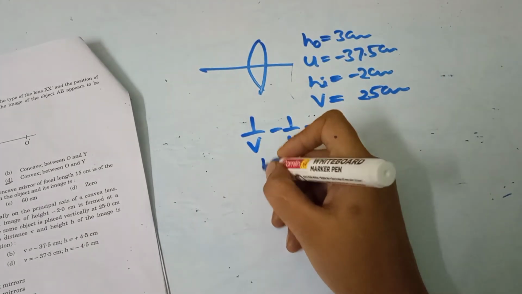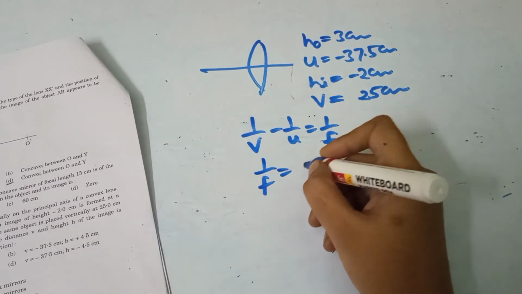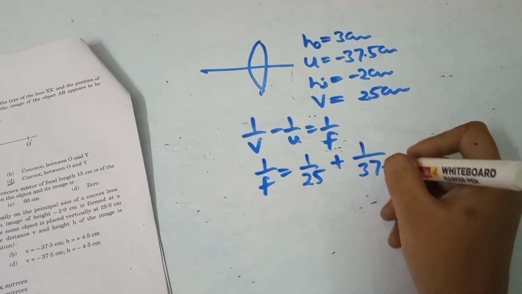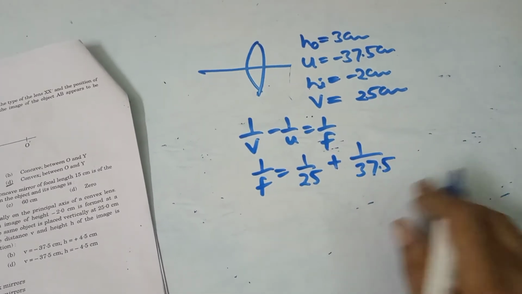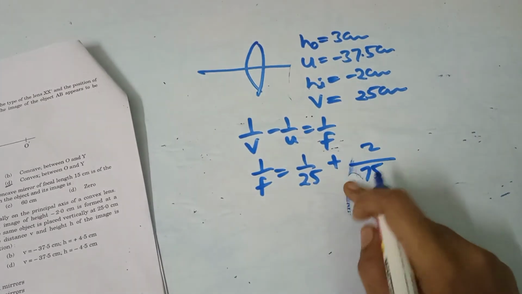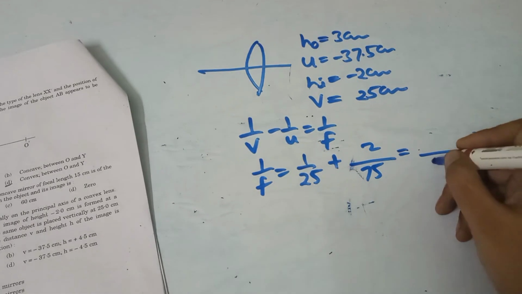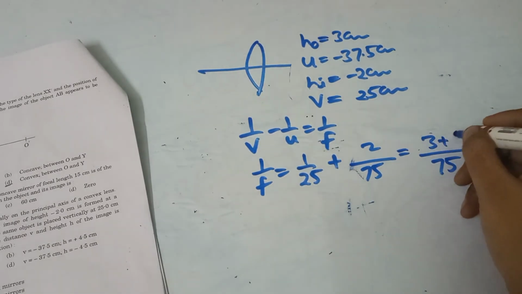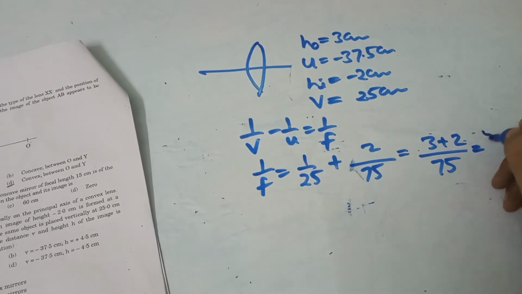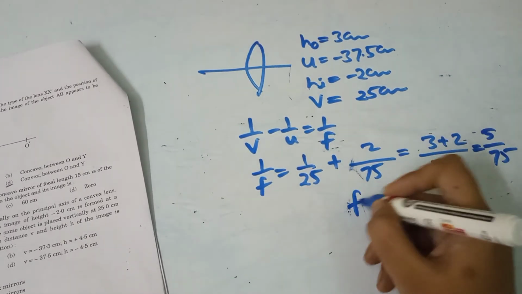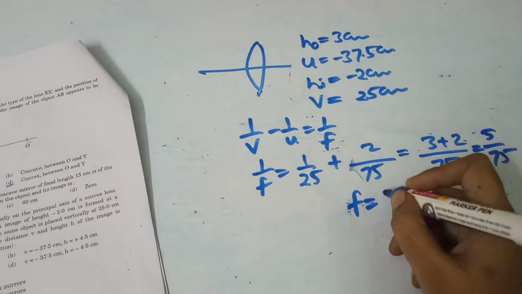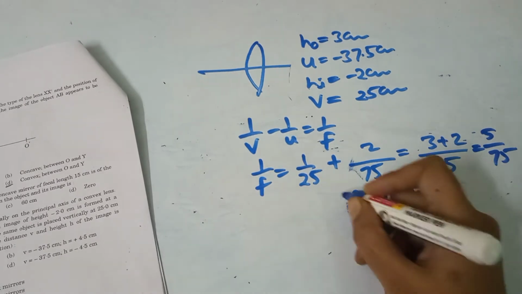So 1/f is equal to 1/25 plus 1/37.5. Better to write 75/2. So 3 plus 2, 5 by 75. So the focal length of this lens is 15 centimeter.